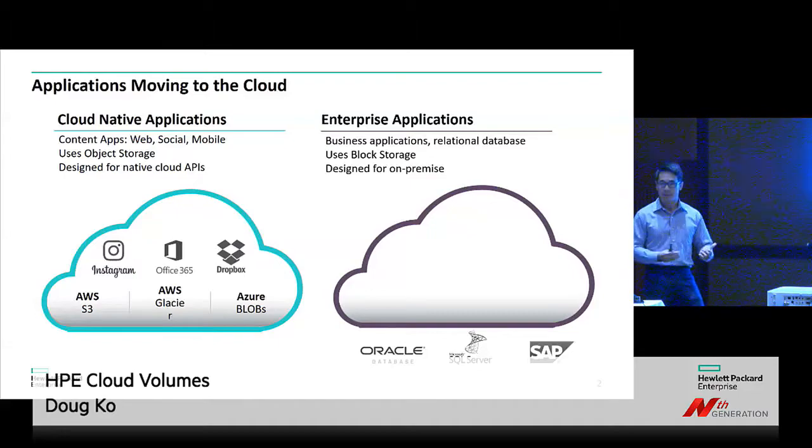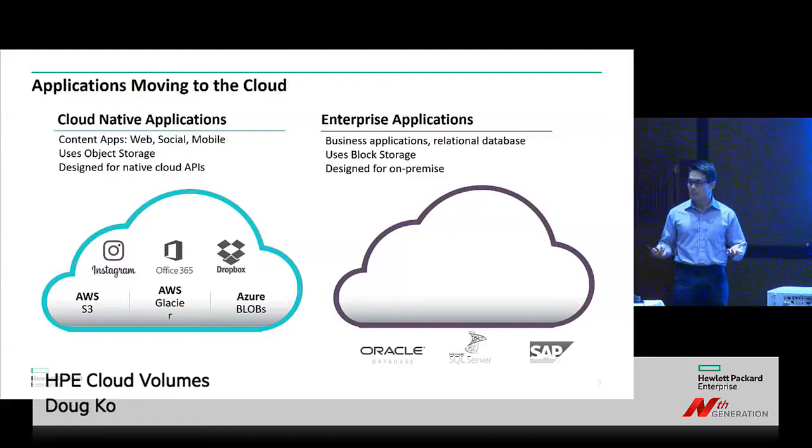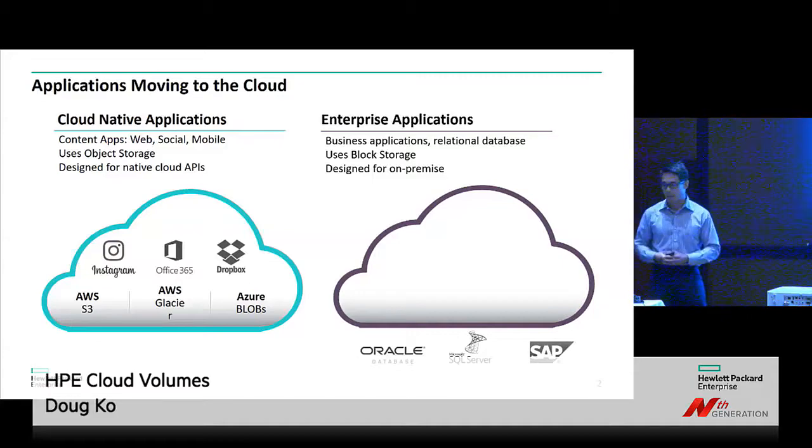So anything that's backed by an Oracle database or a SQL database or SAP-based business applications. And interestingly enough, these apps typically use block storage, as part of a SAN, like a 3PAR or a Nimble array or an EMC Dell array.